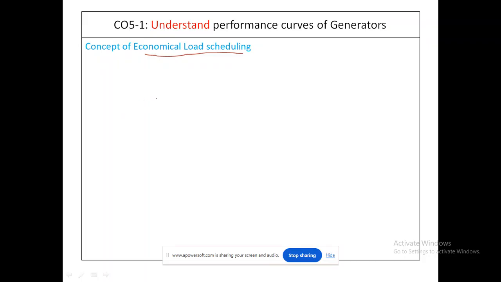Suppose I have a transmission network, and we have a load connected to this, and we have generators. We have various power plants: hydro power plant, thermal power plant, nuclear power plant, or renewable sources, solar or wind, whatever it is.